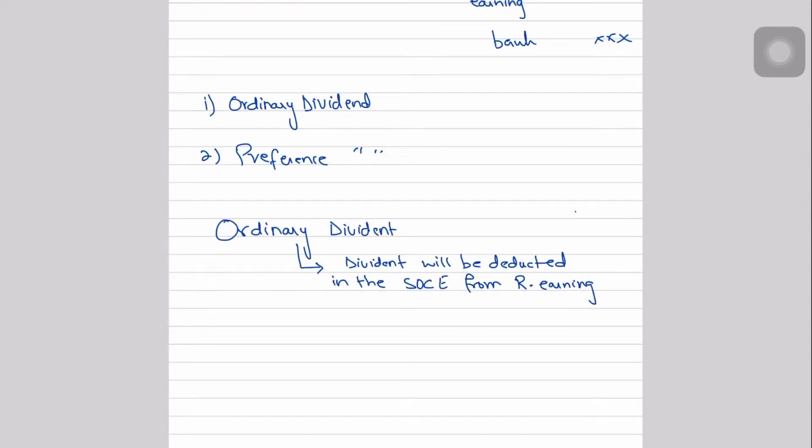Okay, this is the first thing you must know. The second thing you must know is that only the dividend that is paid that year will be deducted. Okay, this is the second thing you must know.